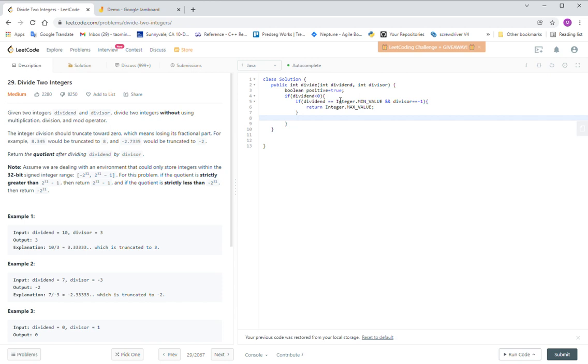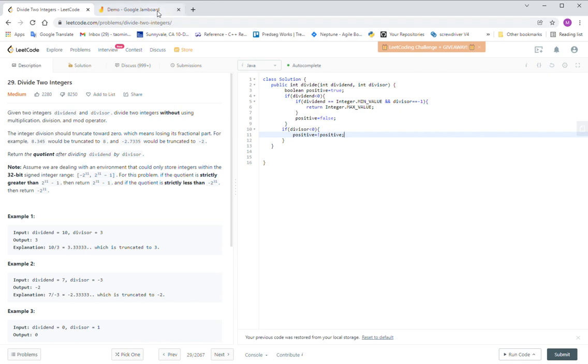And then if the result is positive, it could be false. And then if divisor is negative value, it will become this one.